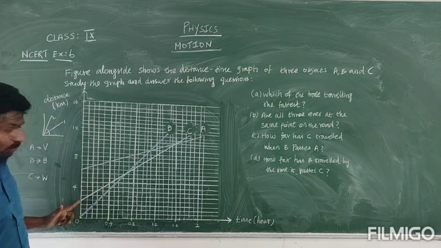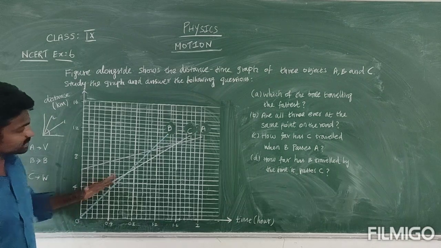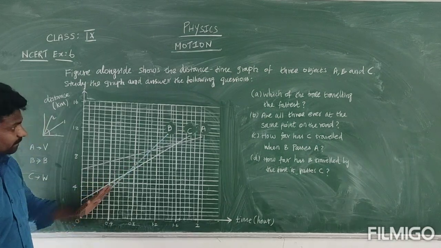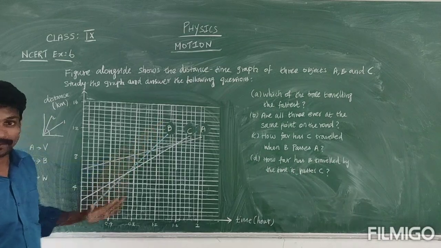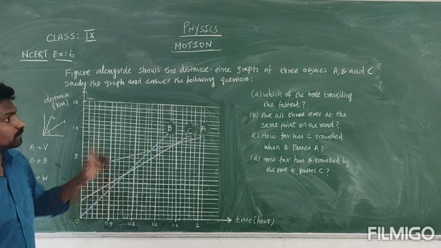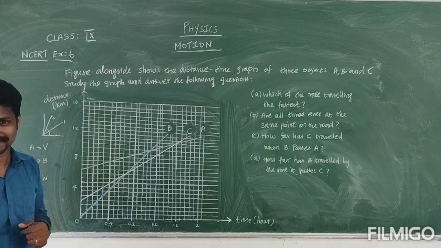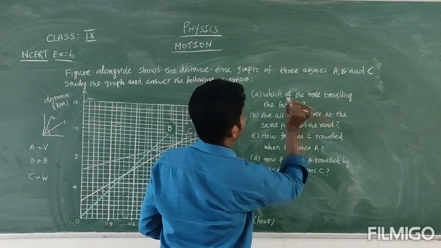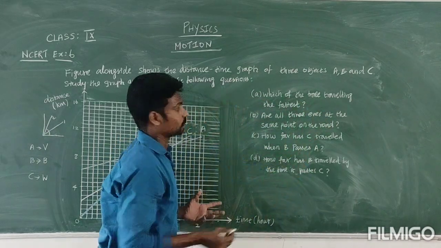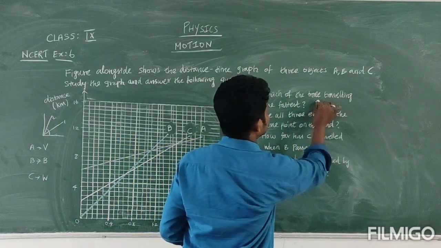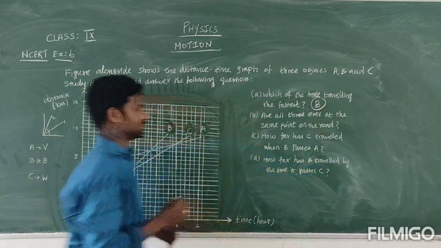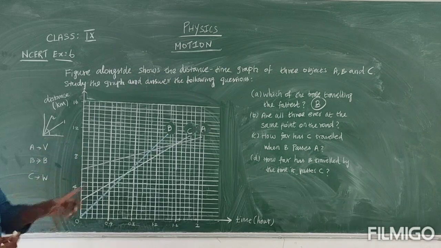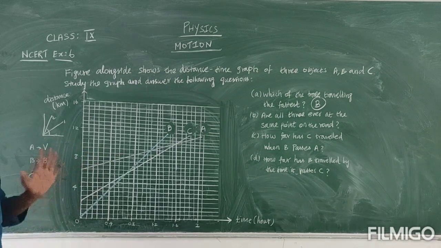Next, the white one has somewhat of a slope, but comparing with white, this blue color, point B, has more slope, so we can say this is more fast. So the answer: the B object alone is traveling fastest because its slope is more. Okay, first question over.